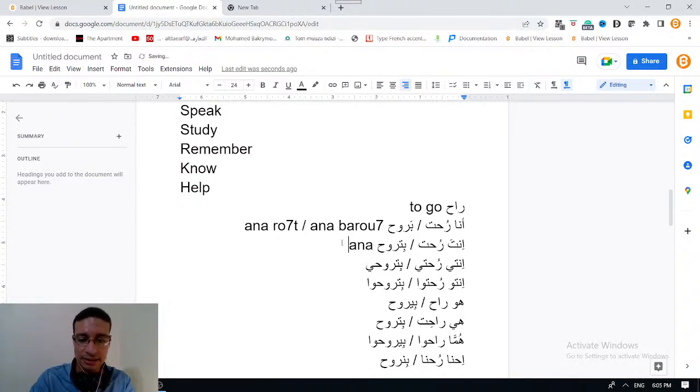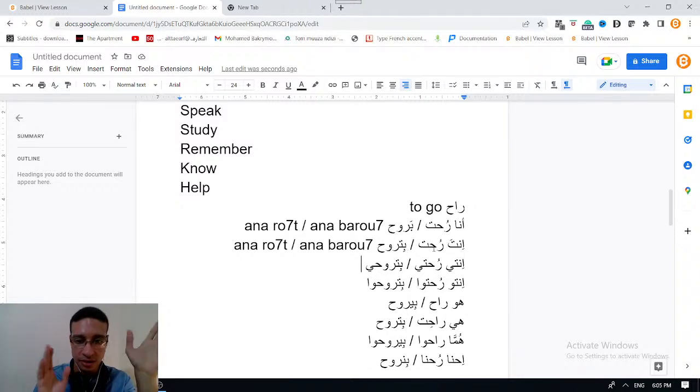And then أنت رحت. أنت and أنا always have the same conjugation in the past tense. So أنا رحت, and in the present tense أنا بروح. أنت رحت, أنت بتروح.